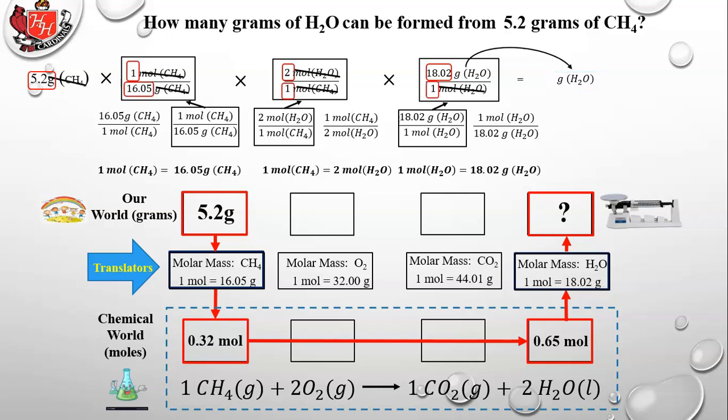And when you crunch all those numbers, you end up with 11.7 grams of water. So if you're thirsty, you can now take the water you got out of this chemical reaction and drink it. Okay, I wouldn't recommend it. It'll probably be in the form of vapor, but it doesn't matter. So way up there where you see the question mark in the graphic organizer, you won't do this, but you could. You could put the 11.7 grams up there, and that's your final answer.